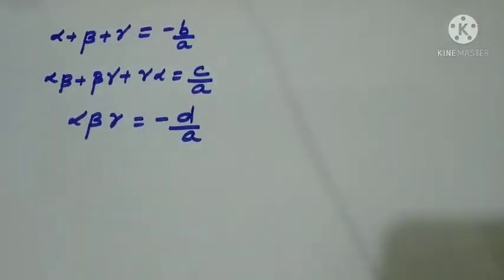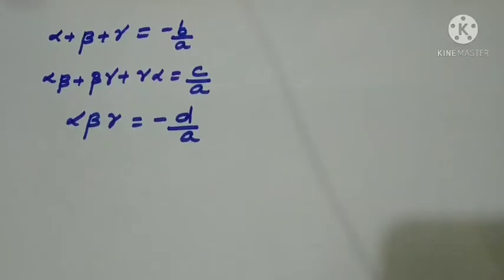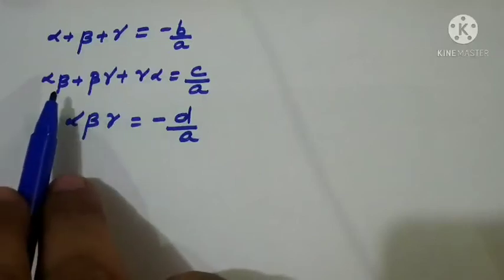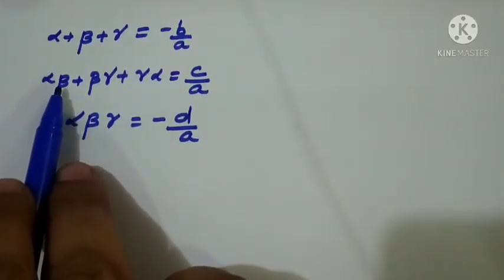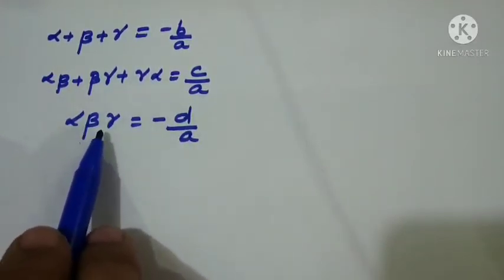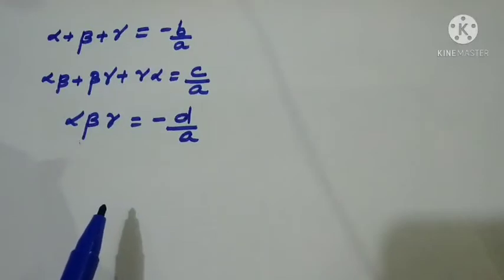So what we learned for a cubic polynomial is: sum of the zeros equals minus b by a, sum of the products of the zeros taken two at a time equals c by a, and alpha beta gamma equals minus d by a. This is for a cubic polynomial.